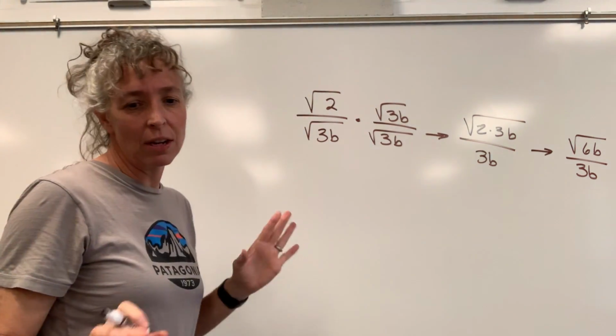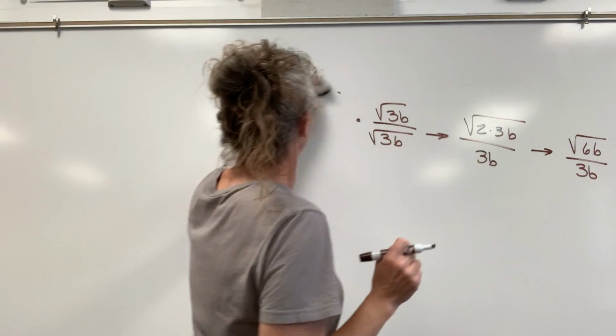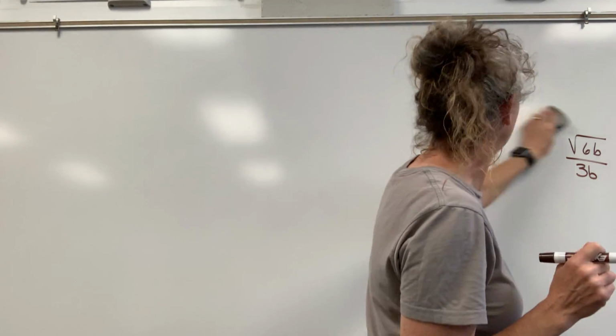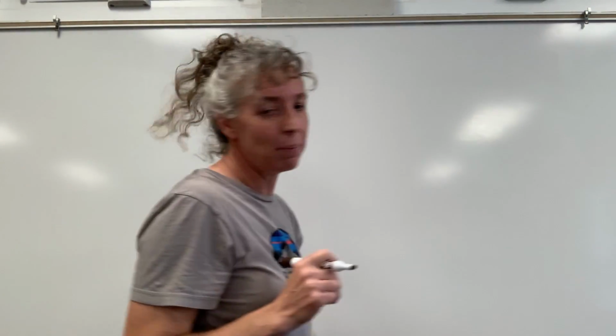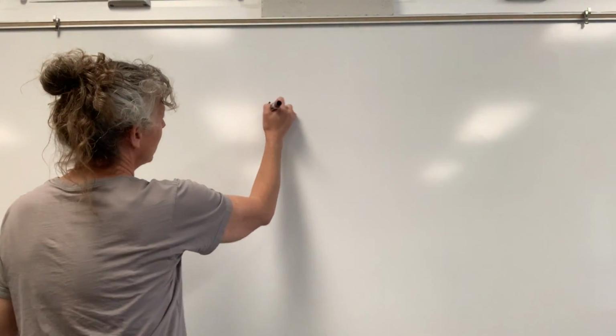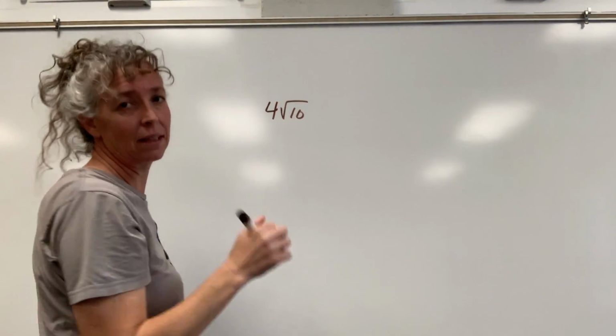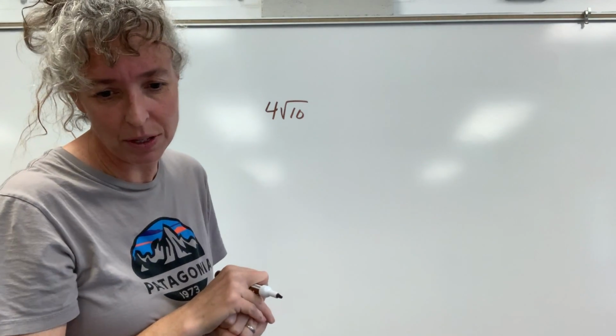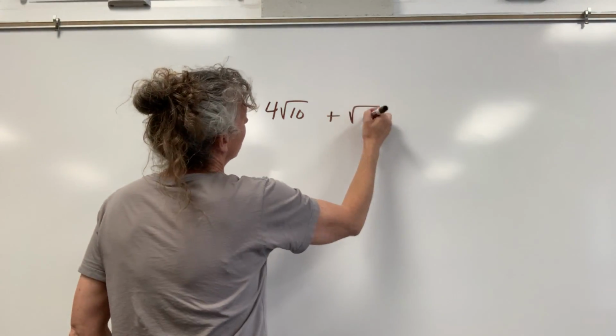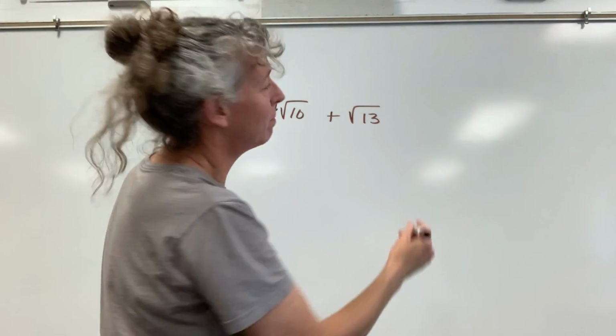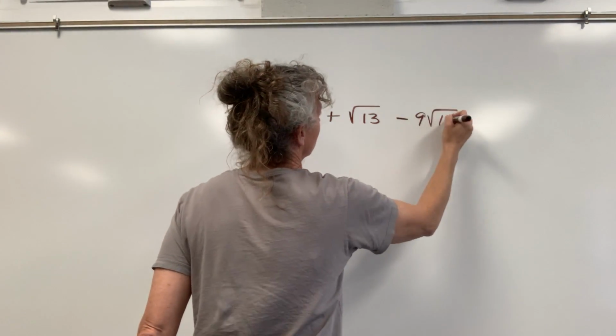All right. Very quickly, I need to go over example number 5. I know I'm going kind of fast. I apologize for that. Example number 5 is just learning to combine like terms when we're dealing with square roots, okay? All right, and then we have a -9 square root 10, okay?